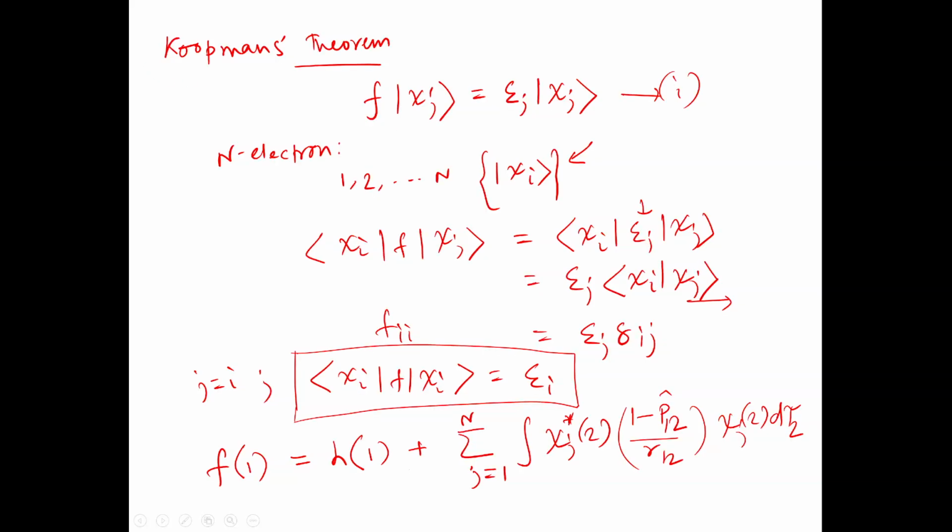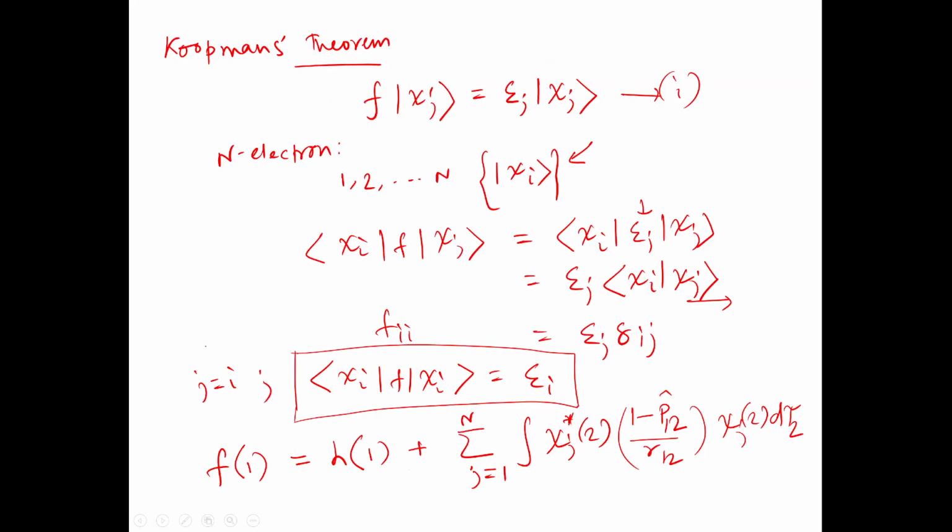Now the orbital energy epsilon_i is equal to chi_i F chi_i. The part chi_j star 1/r12 chi_j(2) we can call the Coulomb operator, and the part with chi_j star, minus the permutation operator, 1/r12 and chi_j(2), we can call the exchange operator.